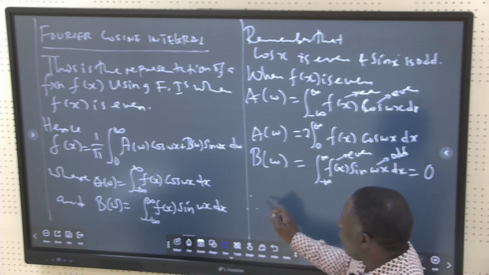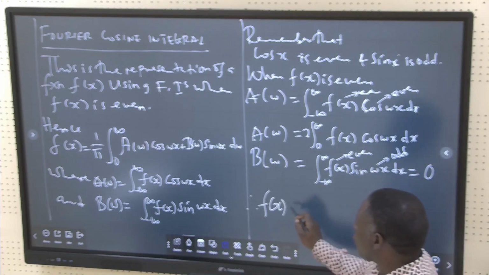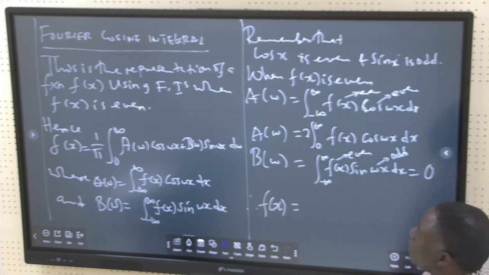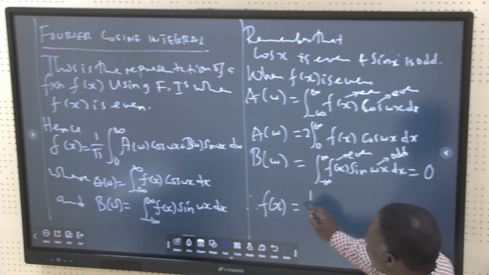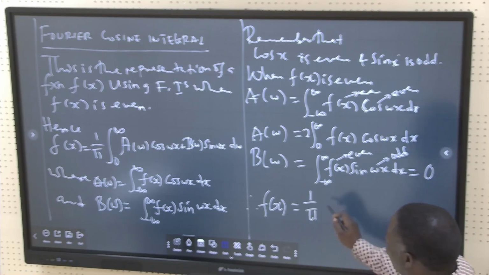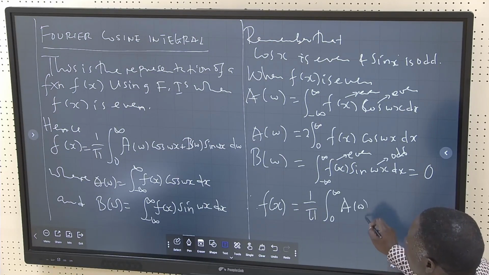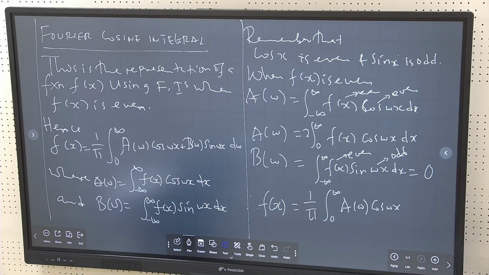Therefore, how will the function f of x look? The function f of x will be 1 over pi, the integral from 0 to infinity, a omega cosine omega x. Now b omega, since it is 0, drops out.